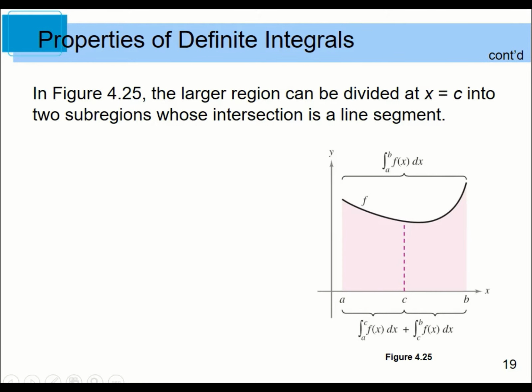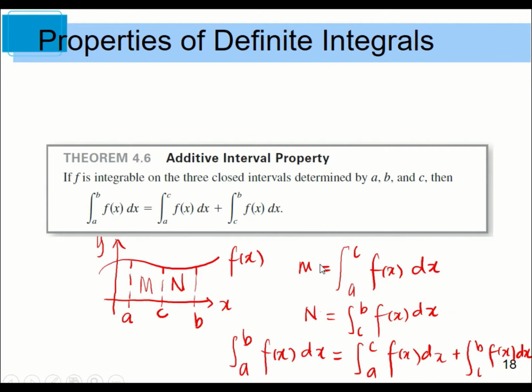So this property says that when we integrate f from a to b, and c is a point in between, this is equivalent to integrating the function from a to c plus integrating the function from c to b.